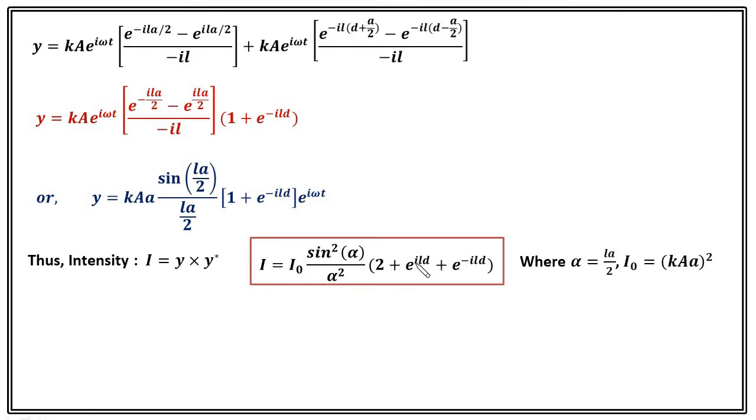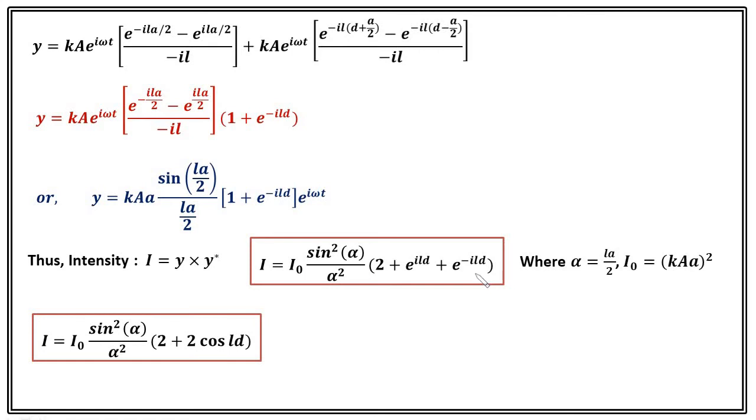Now again in the next step we need to replace this exponential term with the cosine function, because e to the power i theta plus e to the power minus i theta is 2 cos theta. We will use that relation and the expression will look like I equals I naught sine square alpha by alpha square times 2 plus 2 cos ld. We can take this 2 outside, so we will have 1 plus cos ld.